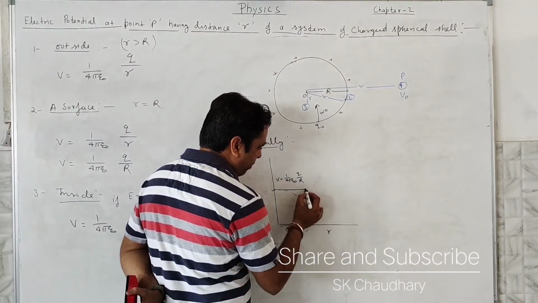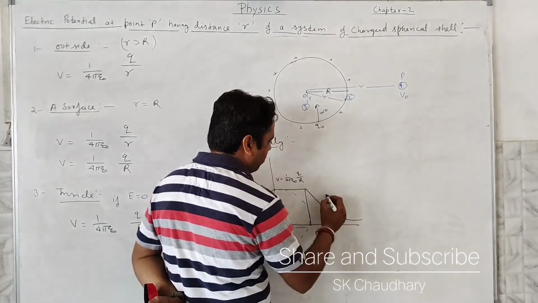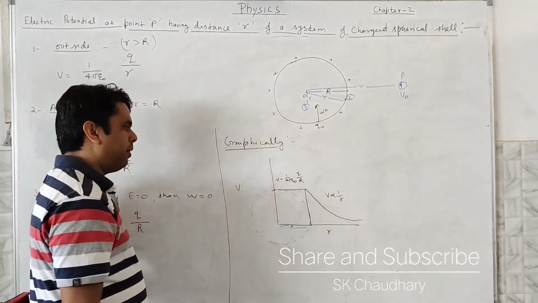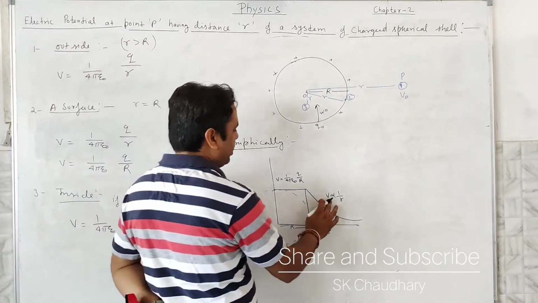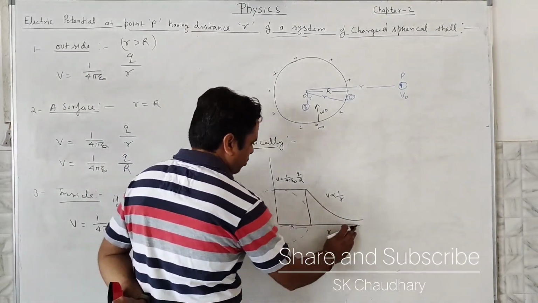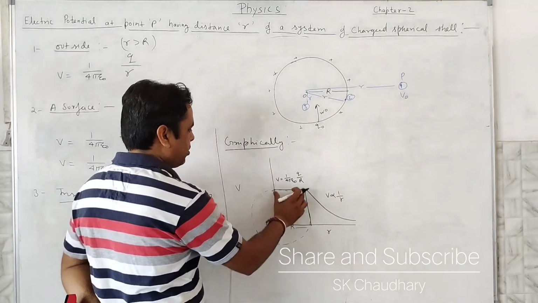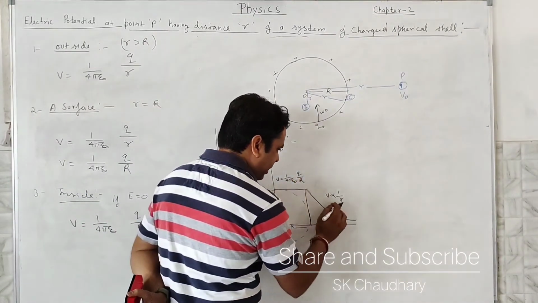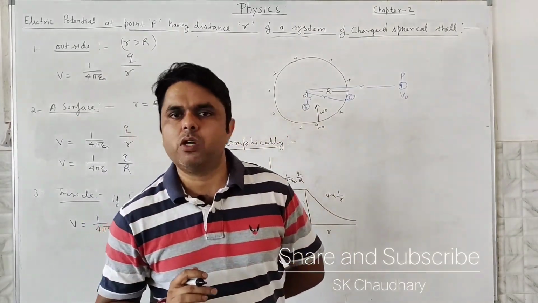After that, what will happen? It has a curved relation. What is that curved relation? V is proportional to 1 upon r. So the proportionality works this way. That is our graphical relation of electric potential. Inside, the electric potential remains constant, and outside it will vary as V directly proportional to 1 upon r.